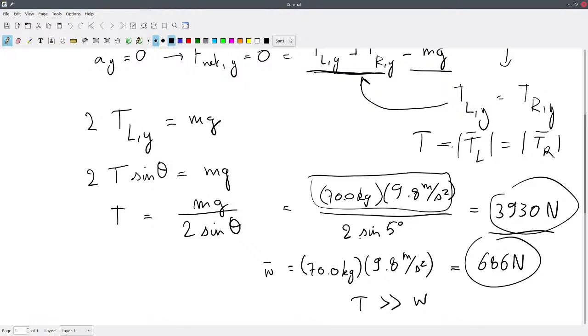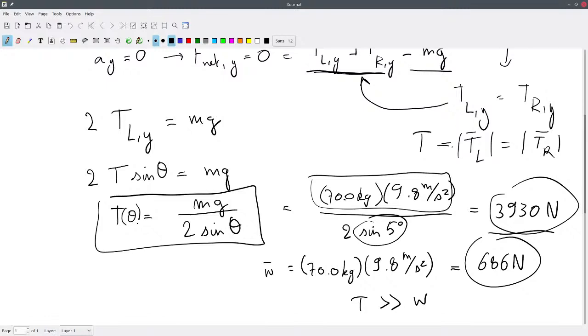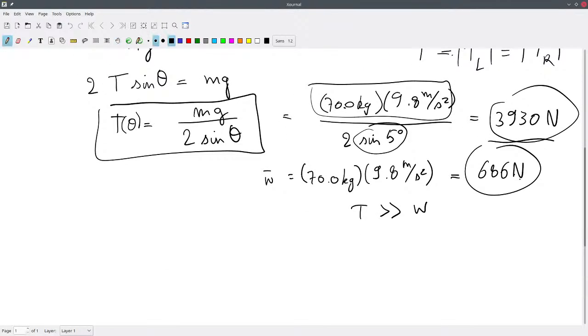And this is caused by the fact that we have this sine of a small angle here. So if we now think about this as a function, as the tension as a function of the angle, we could plot that function, right? We could plot the tension versus the angle theta, and we could theoretically go up to, let's say, 90 degrees here, and maybe we'll have 45 degrees here.